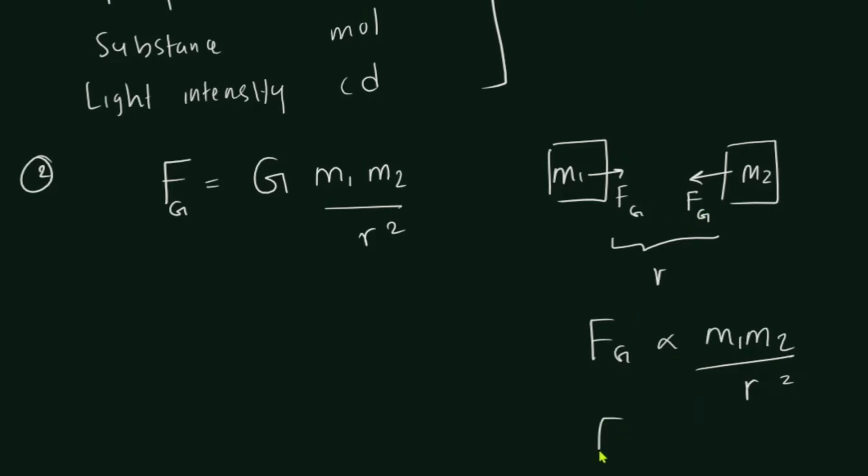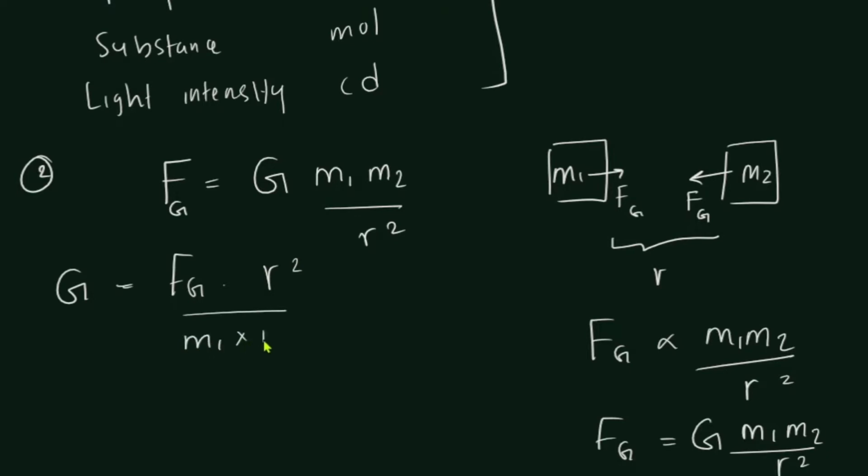If you remove the proportionality sign, it's going to be a constant. That constant is G, the gravitational constant. We need to find the dimensions of this gravitational constant. Let us make G the subject: G equals Fg r squared over m1 m2.